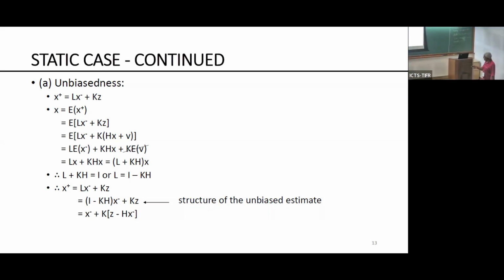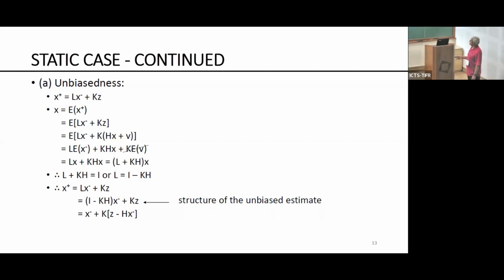So I want to introduce unbiasedness. This is x plus. I want the expected value of x plus to be x. That's the condition for unbiasedness. x plus has this structure, and z is equal to hx plus v. I substitute and simplify. Expectation of the sum is the sum of the expectations. Expectation of v is 0.